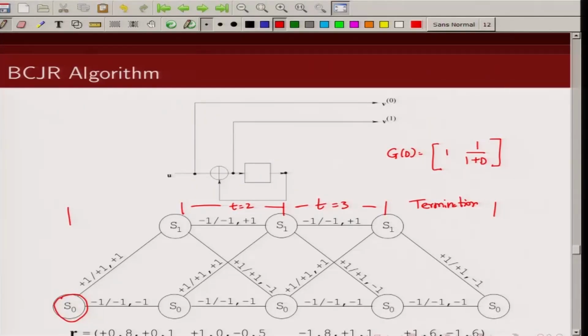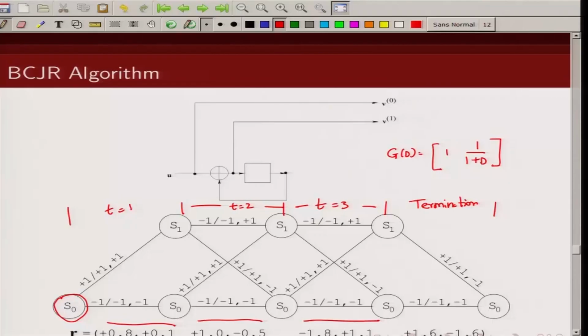Now, this is a rate 1 by 2 code, so for each trellis section I am receiving 2 bits. At time t equal to 1, what I received is these 2 values: 0.8 and plus 0.1. For t equal to 2, I received plus 0.1 and minus 0.5.